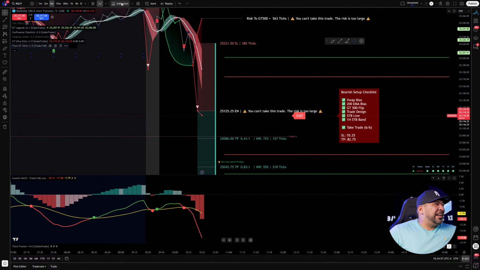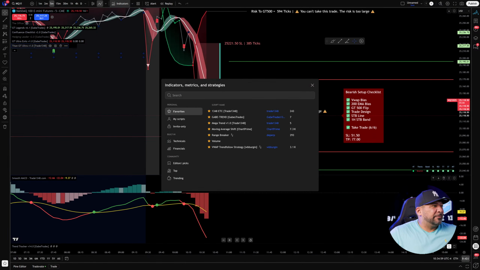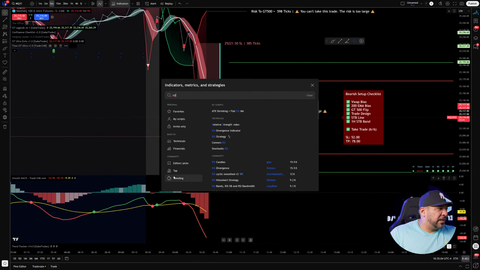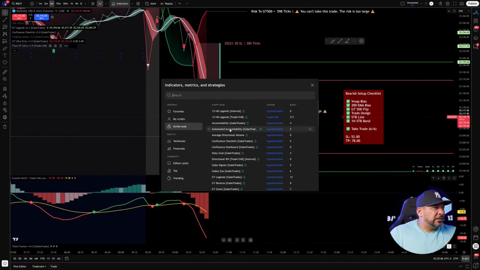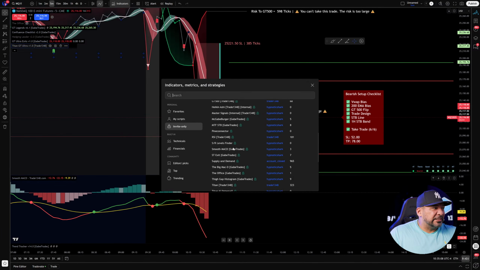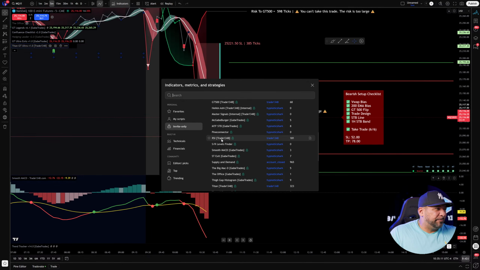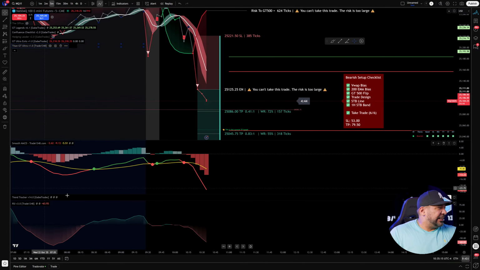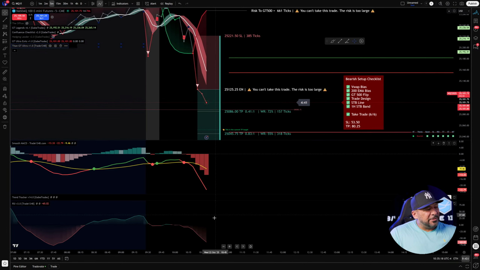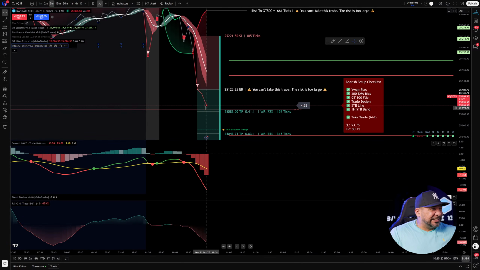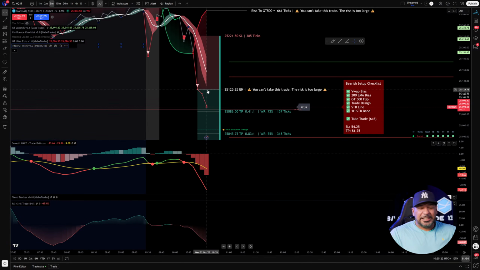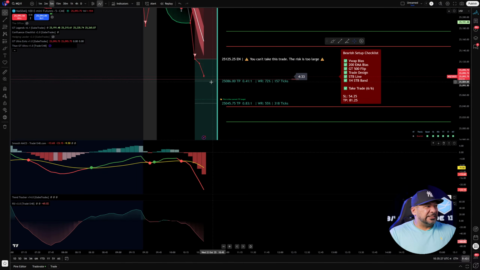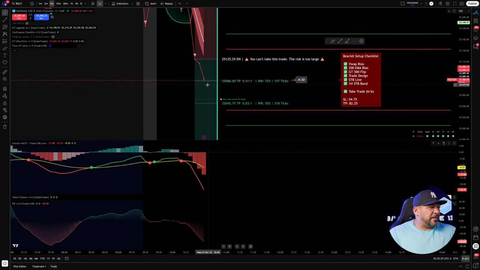Now, if we go ahead and add something like, let's add the RSI. Let's add this here, right? Especially in days like today, it's trending down. Cool. Damn it. I wanted to show you guys something, right? But this was the play. It came back up closer to entry. The thesis is still valid.